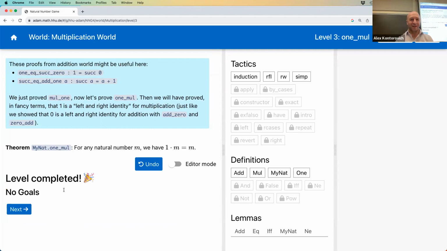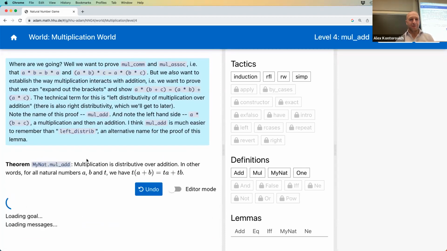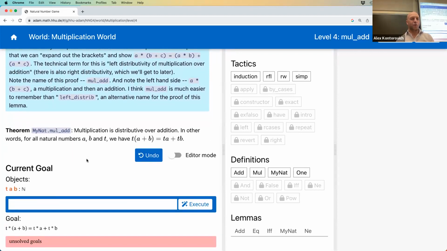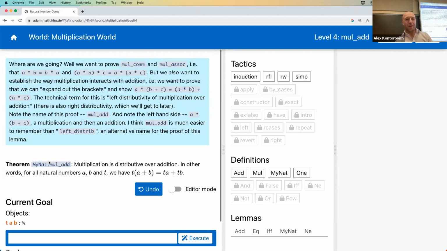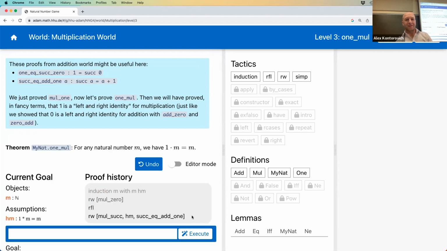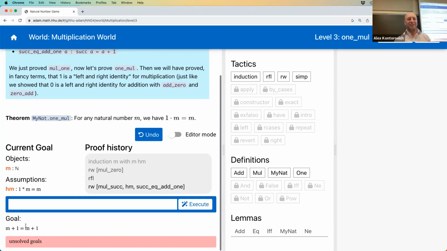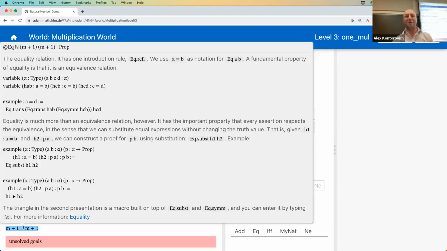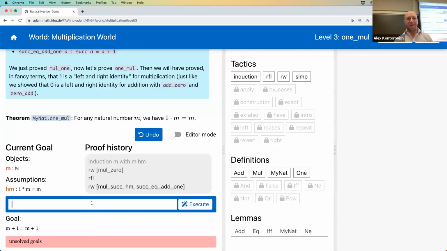Cool? Yeah, you guys are getting good at this. Does rewrite rfl not work? Rfl isn't a rewrite tactic. Rfl is its own tactic. In Lean itself, when you do this rewrite, it's a little stronger than the rewrite of the natural number game, it'll just end it already.